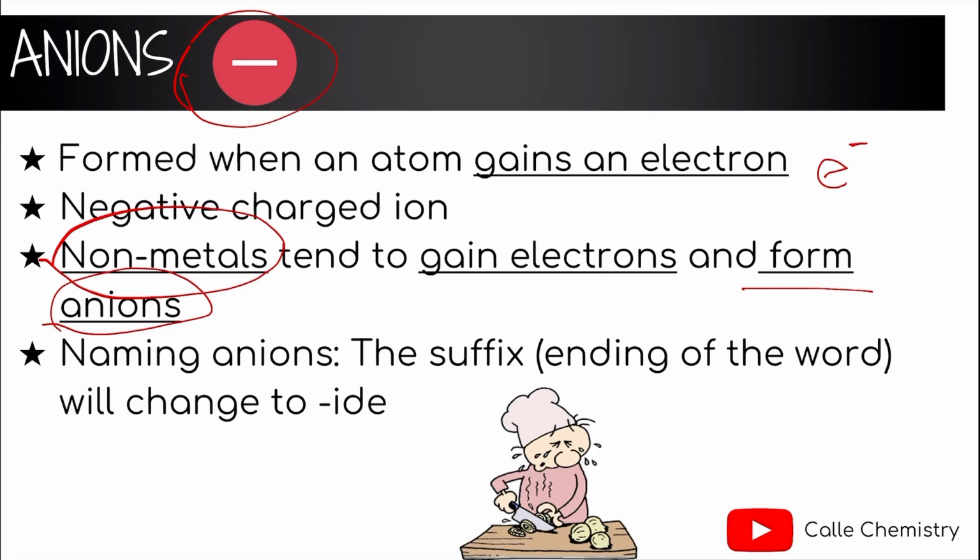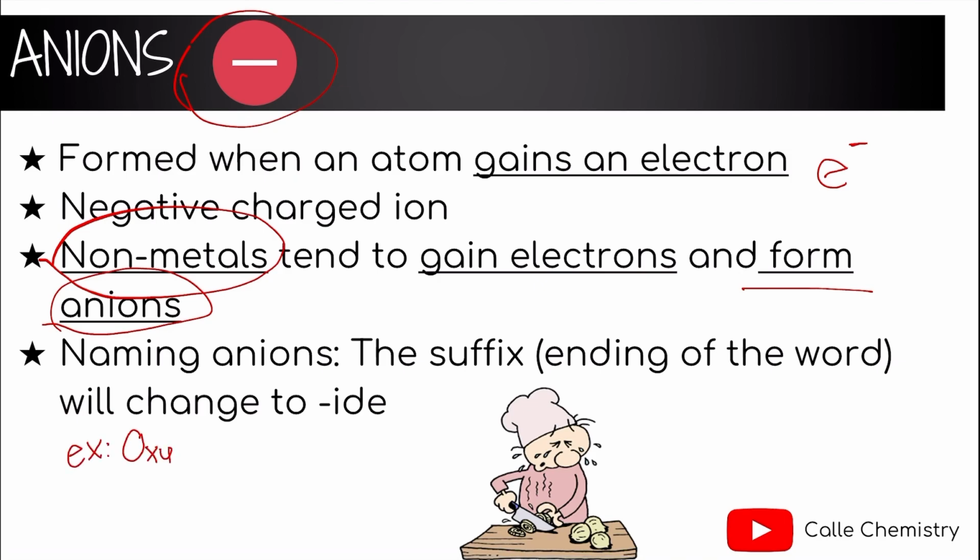Now, one thing to know differently from cations, for anions, when you name the ion, the name changes. What do I mean? The suffix or the ending of the word will change to "ide." So, an example of this, real quick.